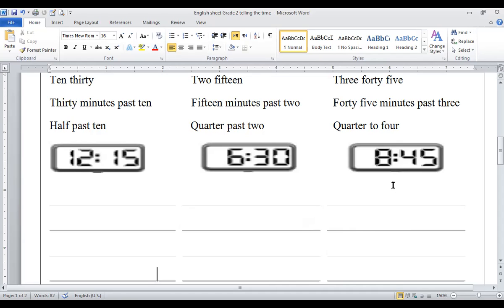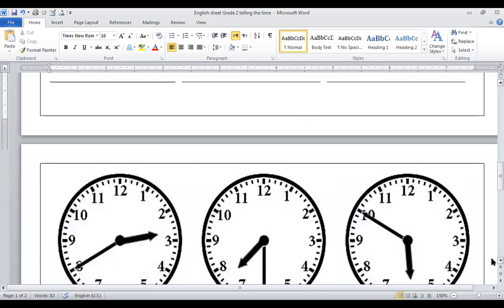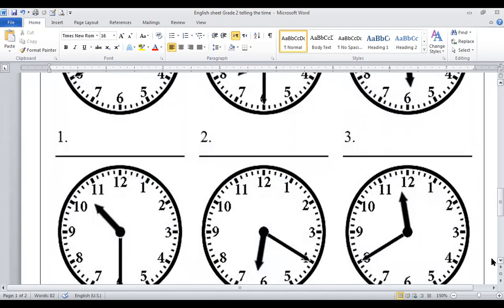Look here, quarter means 15, and after 15 minutes the time will be 9 o'clock. Quarter to 9, or 45 minutes past 8. Okay boys, this sheet I will send you today, and you must write this and memorize it. And here you write the time. Look at the time on the clock, and you write it as on a digital clock.